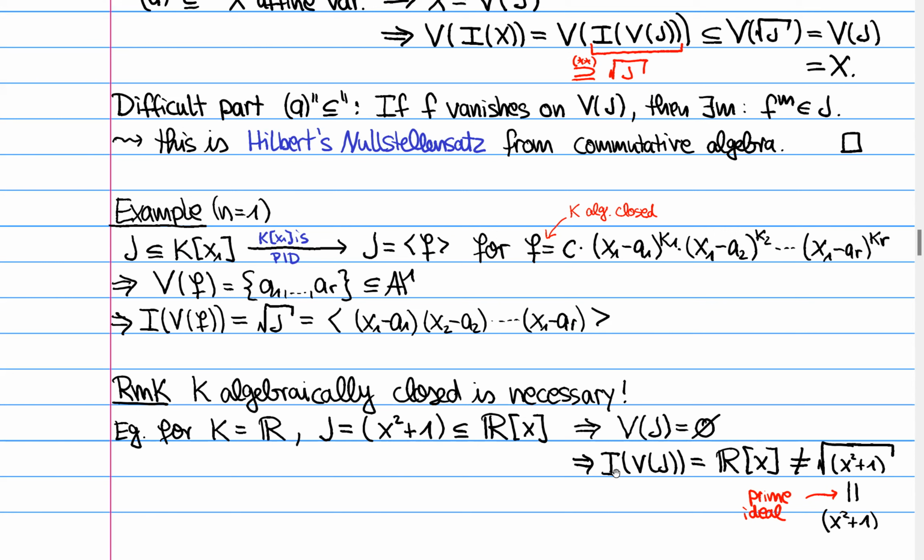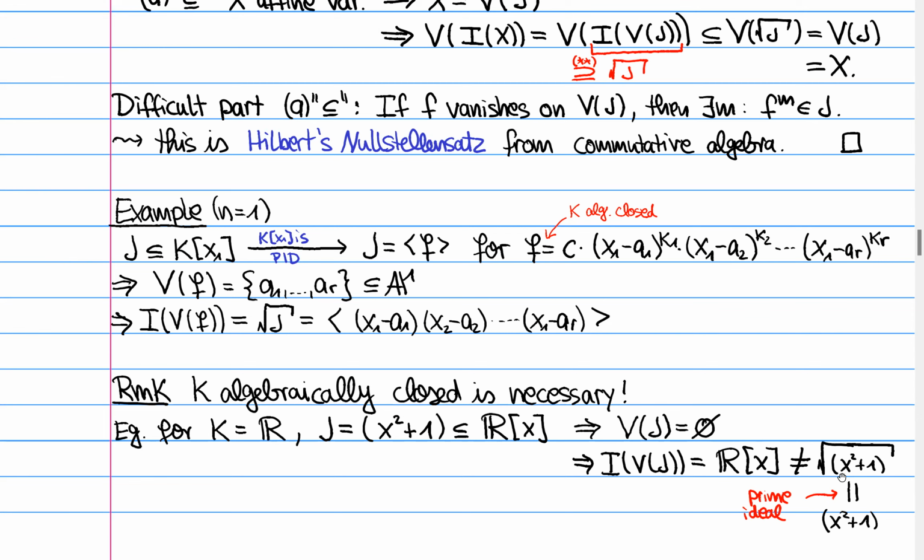But then if you apply I of V of J, the ideal of the empty set is the set of all functions such that for all entries of the empty set, they vanish there. Well, the empty set is empty, so we don't impose any conditions. So we just get all polynomials. But this is not the same as the radical of x squared plus 1.